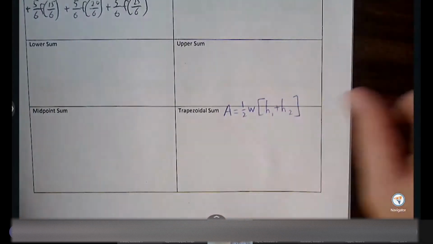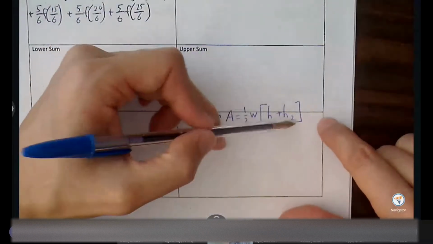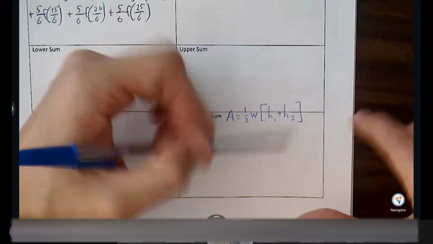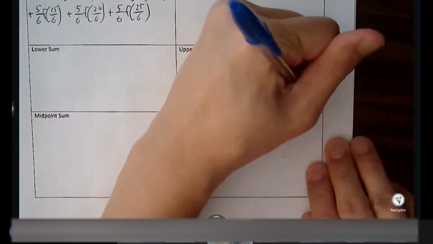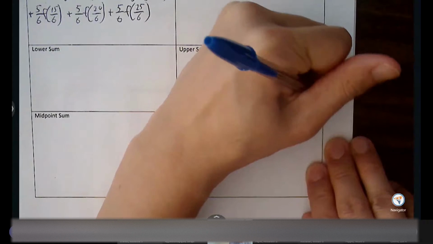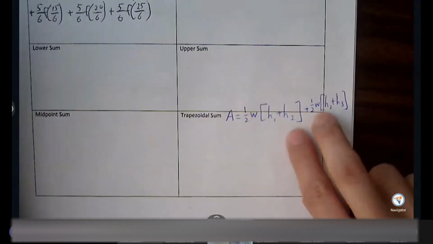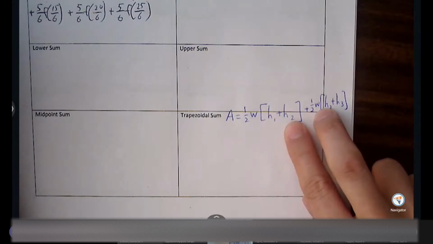But when you add up all the different trapezoids, they all share the same size, right? So the second trapezoid is going to be 1/2 width times height 2 plus height 3, right?